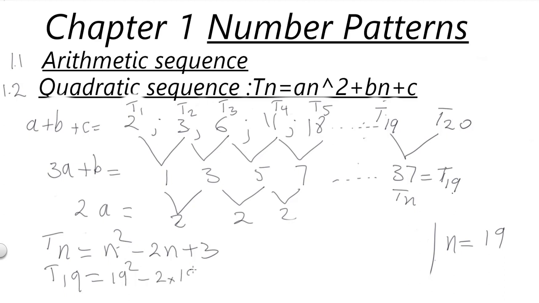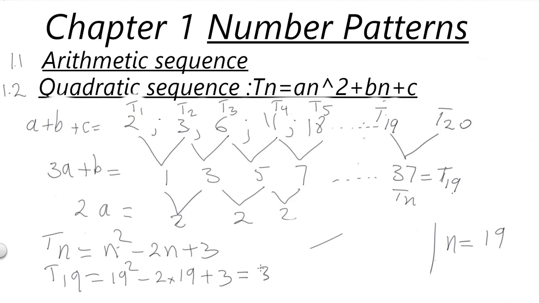What will be the answer? 19 squared minus 2 times 19 plus 3. The answer will be 326.